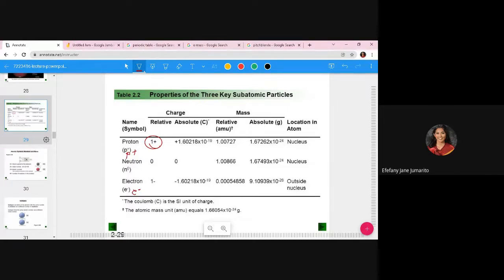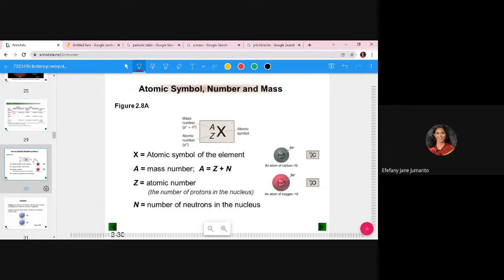Neutron, ma'am. Neutron. 1.67 for what? Okay. All right. So we have the neutron. So again, the location is at the nucleus. Then we have electrons outside the nucleus.